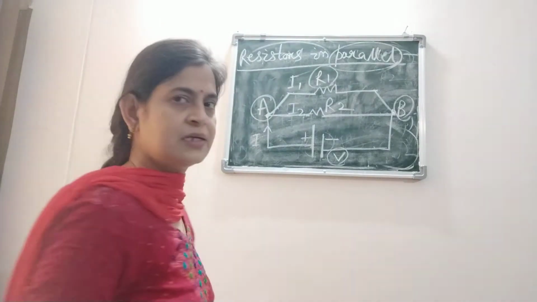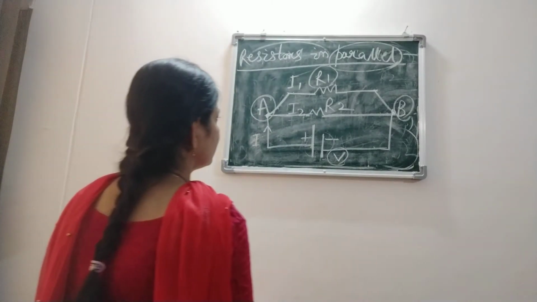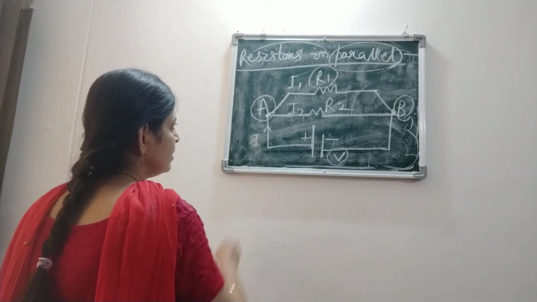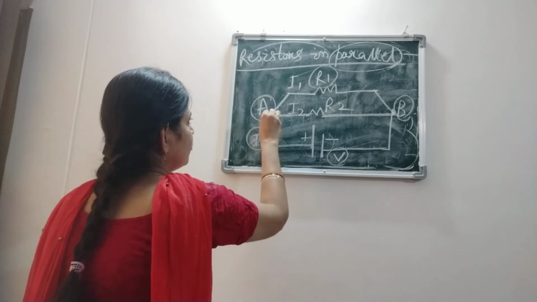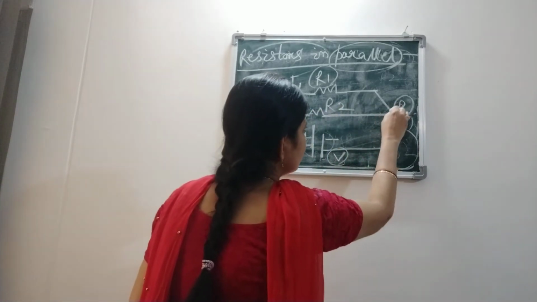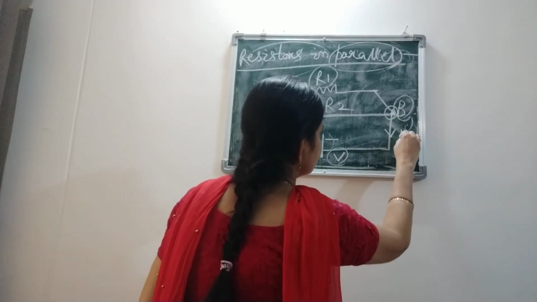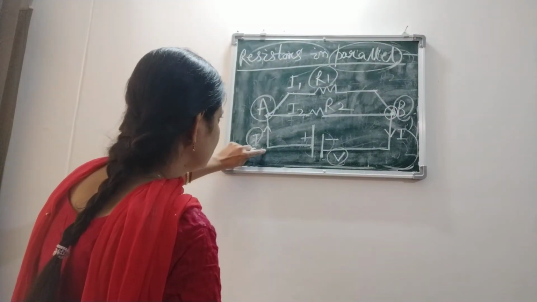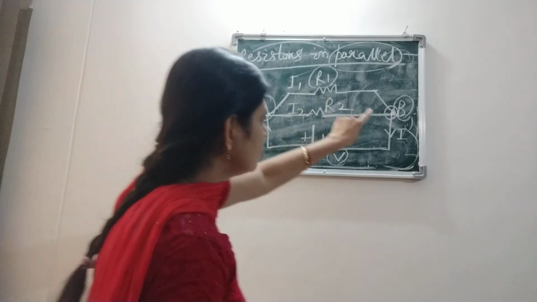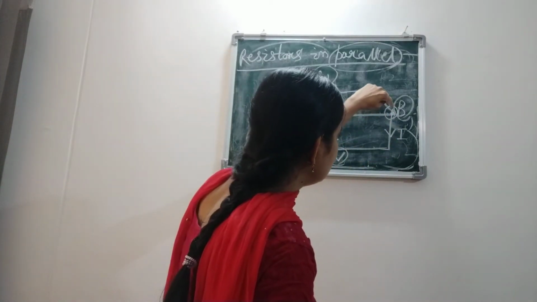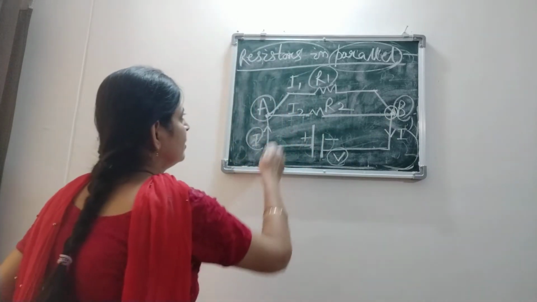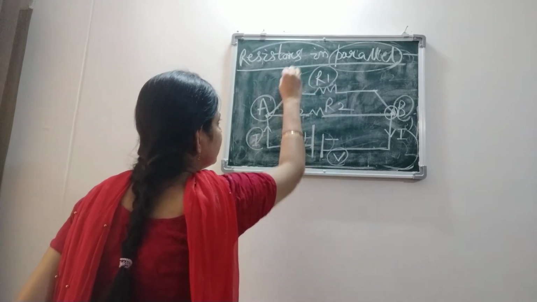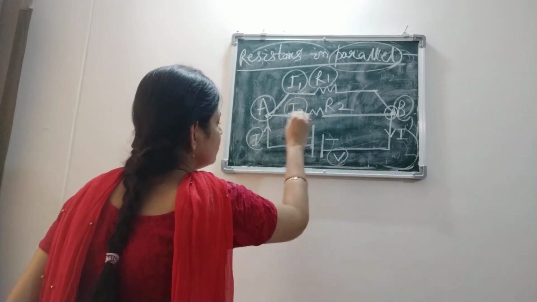Only one side is connected here. Clear? So we can write down the total amount of current, which is I at the point A, is equal to the same amount of current at the point B. That means the amount of current entering at the point A is equal to the same amount of current leaving at the point B. But after reaching the point A, for the resistance R1 the current is divided, which is I1, and for R2, that is I2.